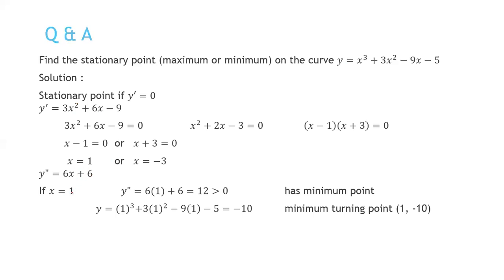Look, if x equals 1, because this is the stationary point, and we substitute 1 into this second derivative, the second derivative becomes 12, because 6 times 1 plus 6 equals 12, and 12 is greater than 0.